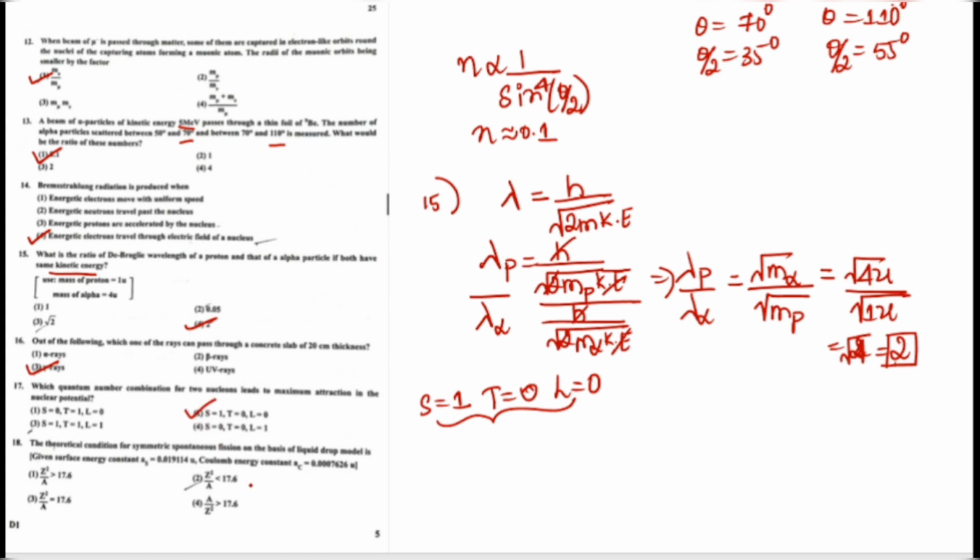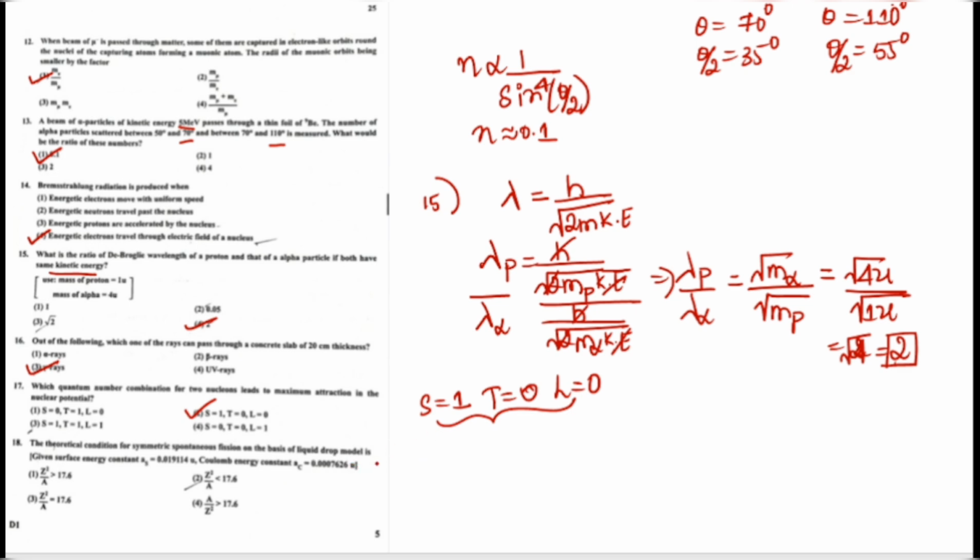This is the final question for today's video. The theoretical condition for symmetric spontaneous fission on the basis of the liquid drop model is. This is also a direct question.